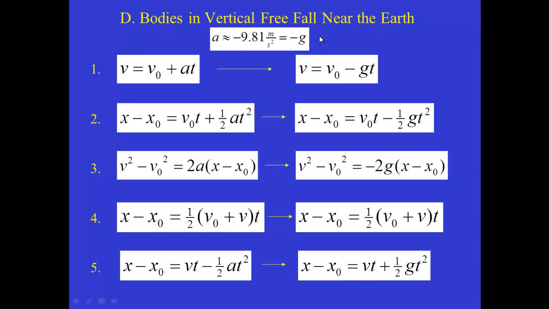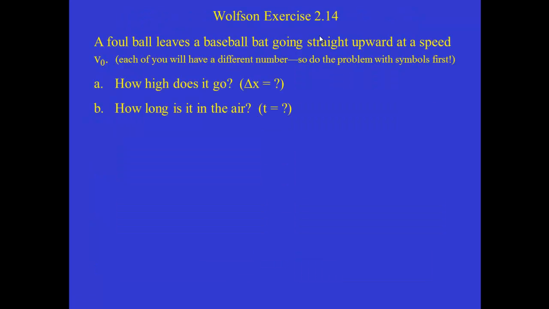And in order to illustrate how we use these, we need to work out an example problem. And this example problem actually comes from your textbook. It's Wolfson Chapter 2, Exercise 214. And I'll just explain it for a second and then show you at least an approach to working out the solution.